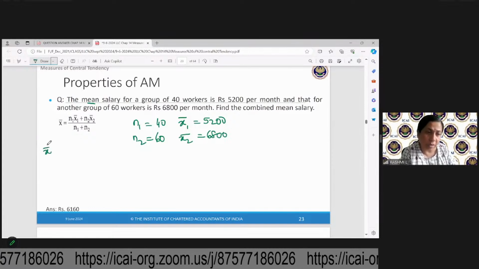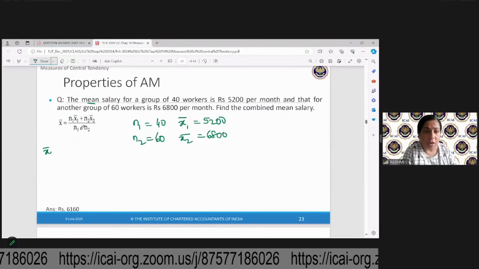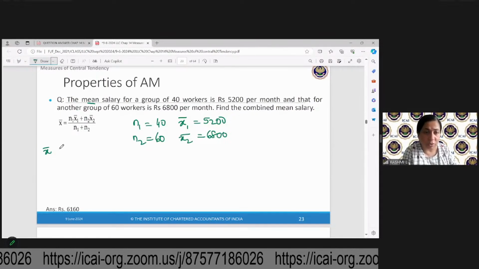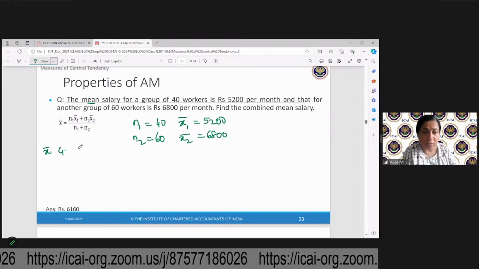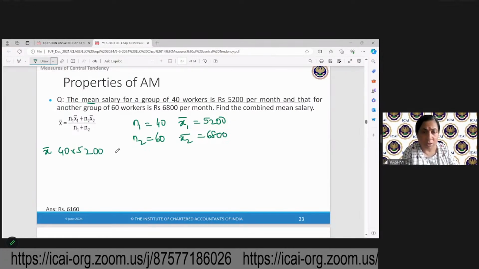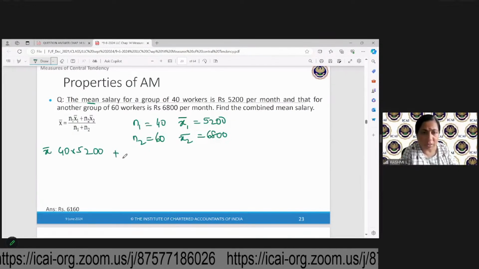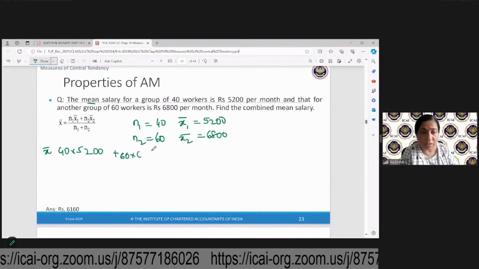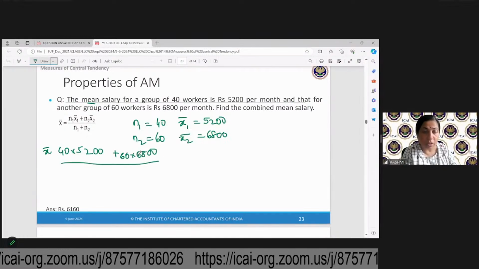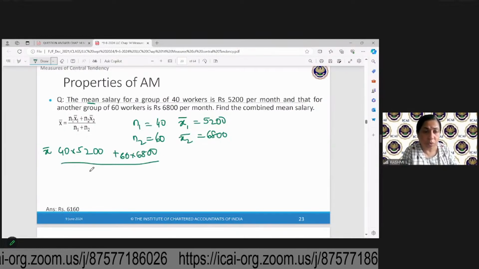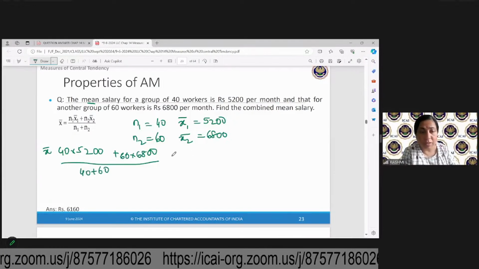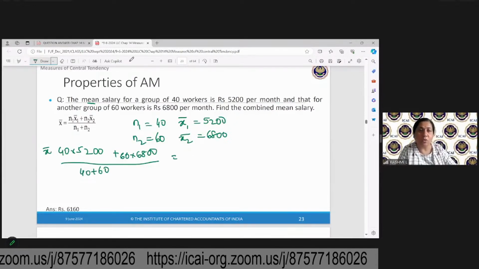So X bar is equal to how much? N1 into X1 bar, so 40 into 5200, plus N2 is 60, 60 into 6800, the whole thing upon 40 plus 60. Now can you give me 40 into 5200?